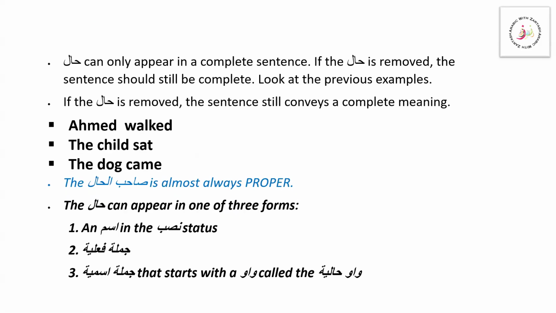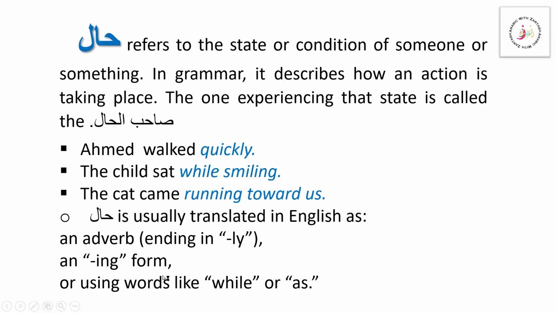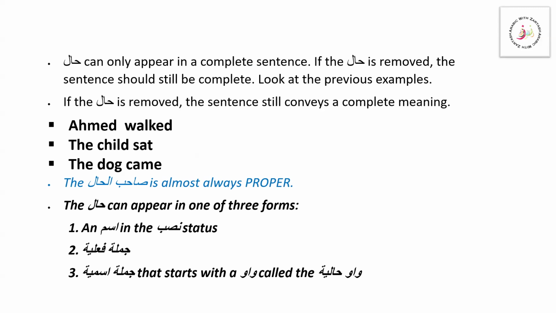While it is describing the word, it gives extra detail, not the main meaning. Without the hal, the sentence is complete, but with hal, the sentence becomes clearer and more vivid. This is just a brief introduction about the hal, and we shall go into more detail.